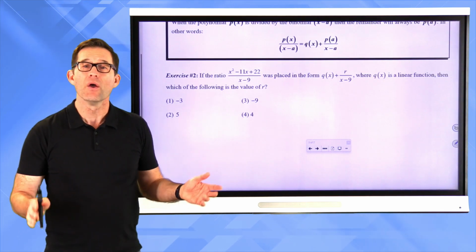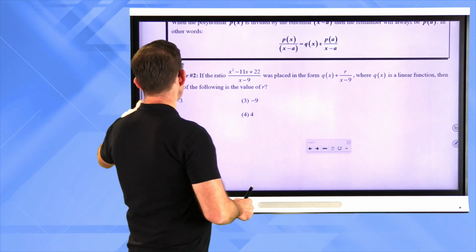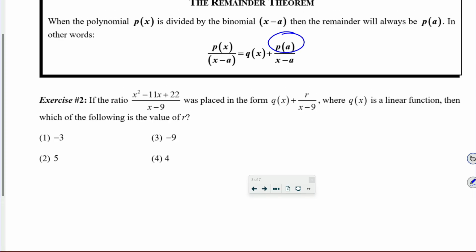All right, awesome. Well, again, the remainder theorem says that the remainder, r, has to be equal to that numerator evaluated at the 0 of the denominator.